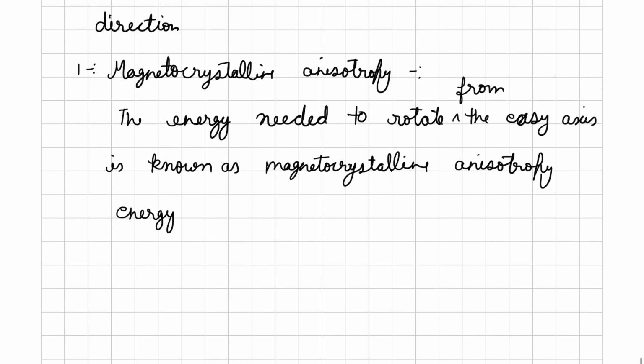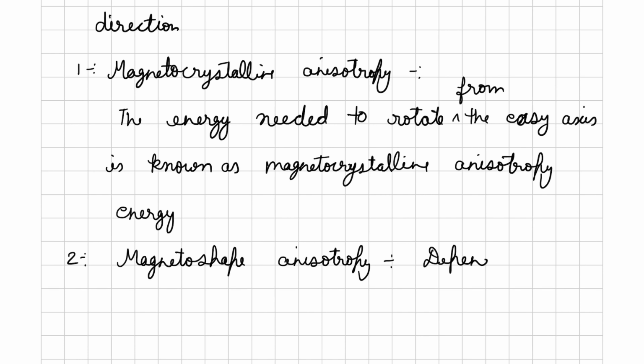The second way is something called magnetoshape anisotropy, or I can just say shape anisotropy. So what happens in magnetoshape anisotropy? Depending upon whether the material is, let's say, needle-like or sphere-like, you have different coercivity in the system.